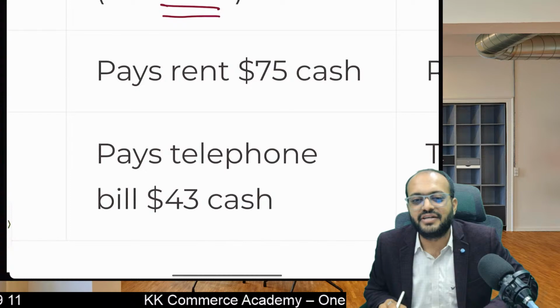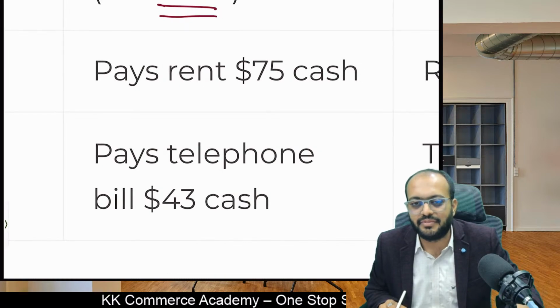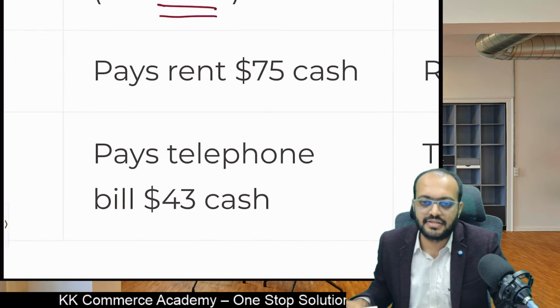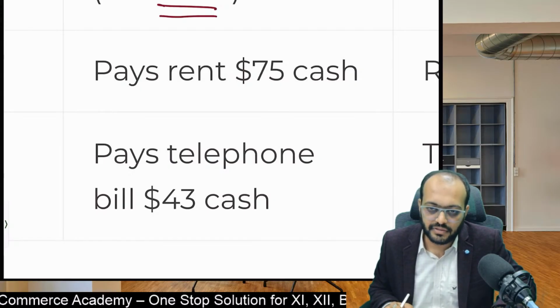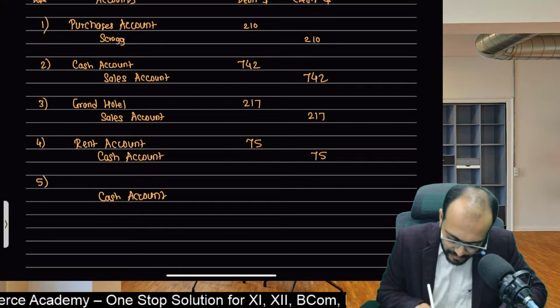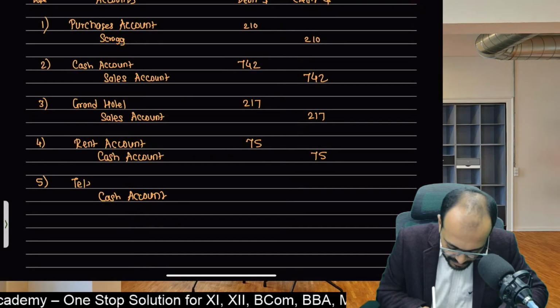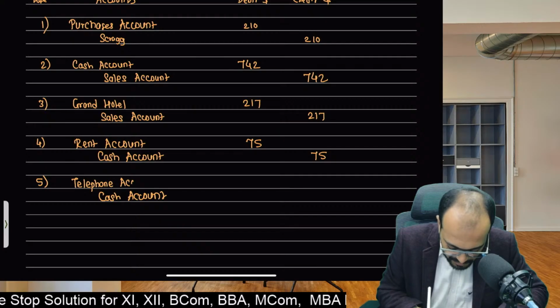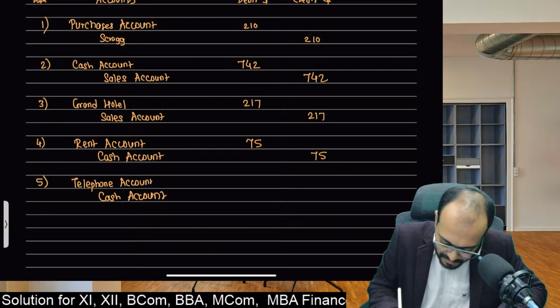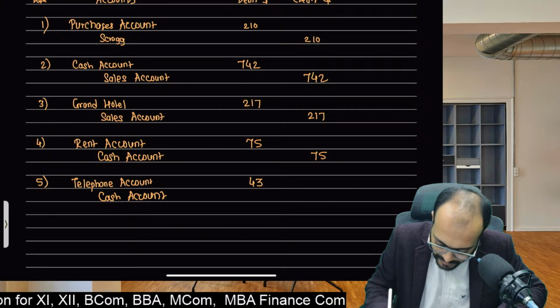Telephone bill is our expense, and since expenses increase, the telephone account should be debited $43.